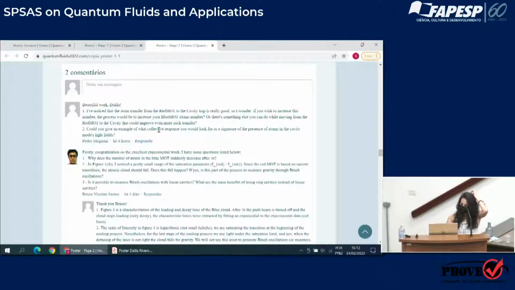Could you give an example of what collective response you will look for as a signature of the presence of atoms in the gravity mode fields? So there are several ways to do this. We already saw the impact of atoms in the cavity light fields. But as I haven't been able to reproduce that, I cannot assure that.